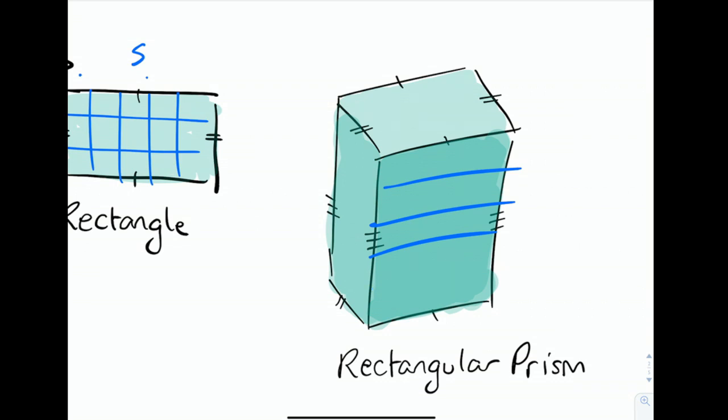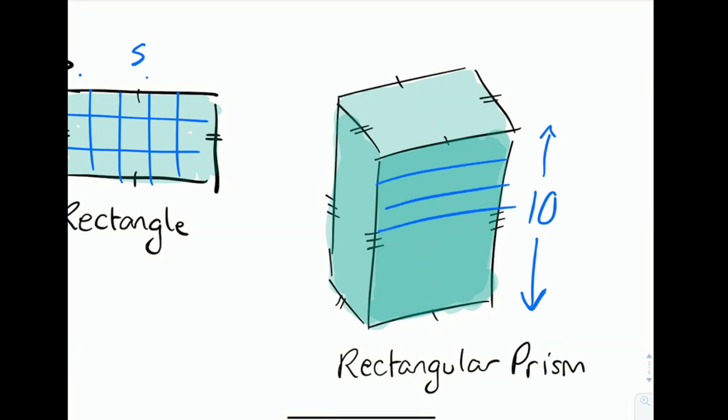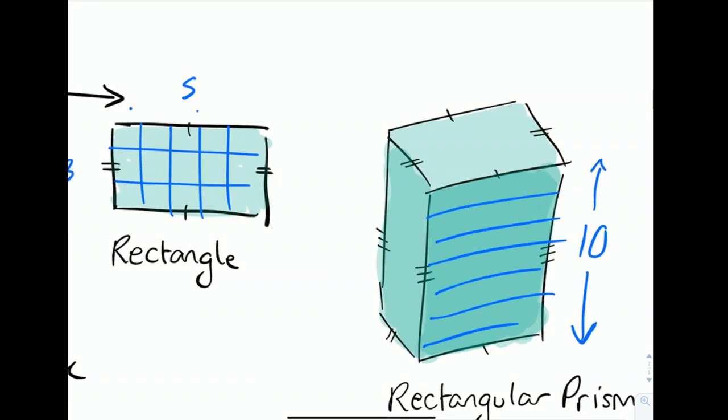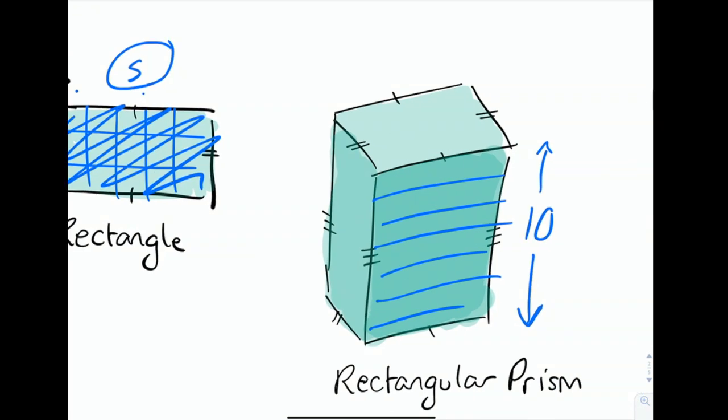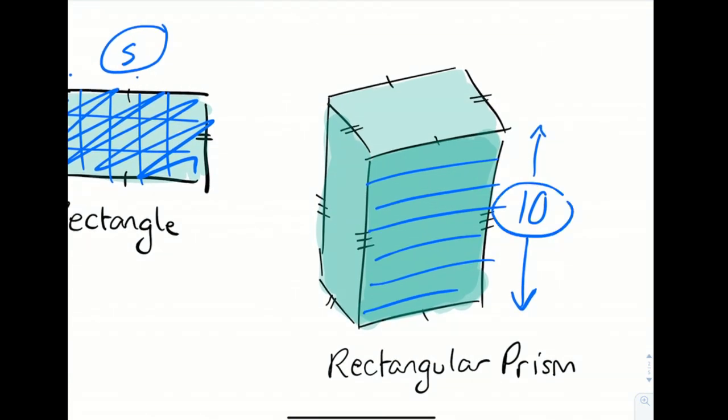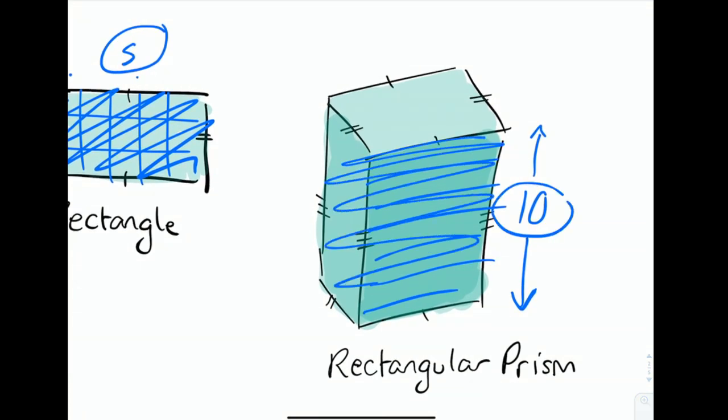Each being a centimeter cube, let's say this bit here is 10 units this way, then that means I'm going to get 10 layers of cubes. So I basically have 3 times 5 to give me this space, times the depth, which tells me how many layers all the way down.